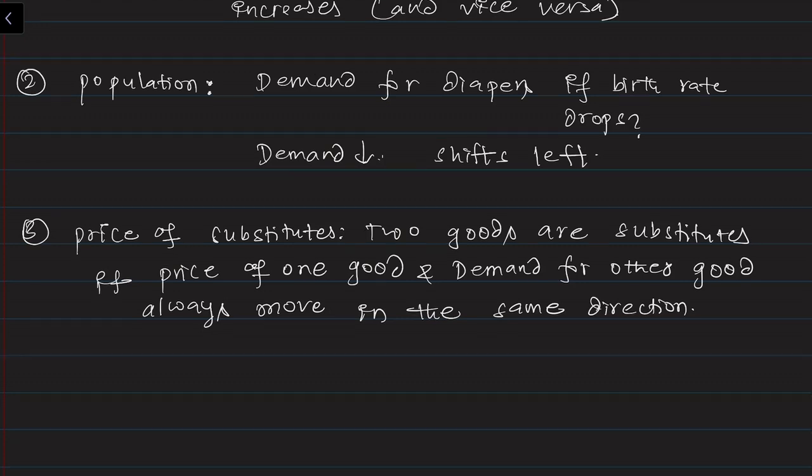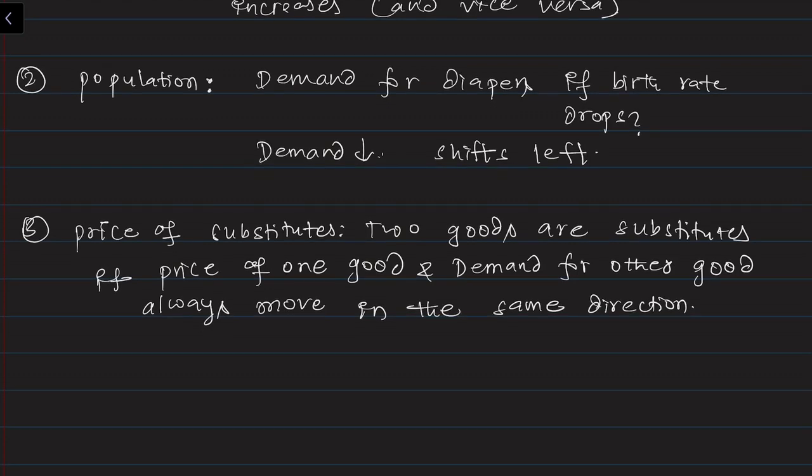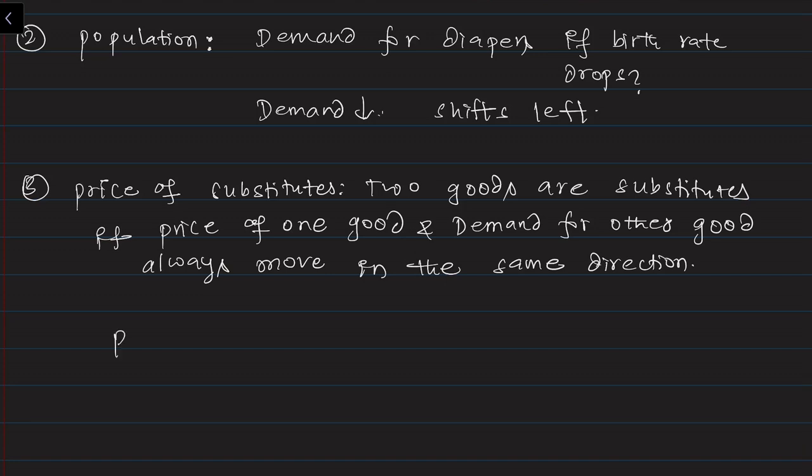So the definition basically states that the price of one good and the demand for the other good always move in the same direction. As we saw in the example, when the price of coffee increases, the demand for tea increases.